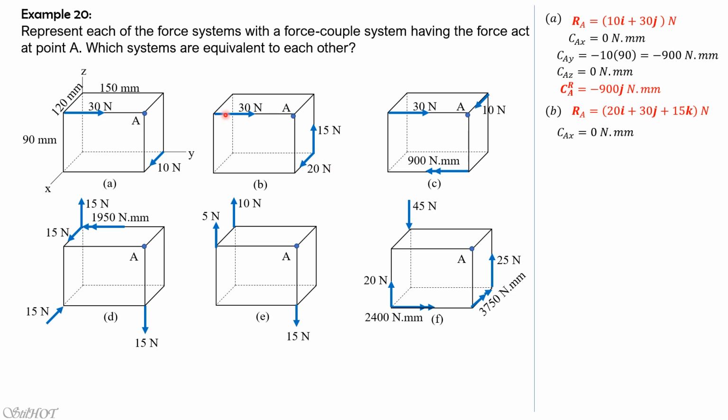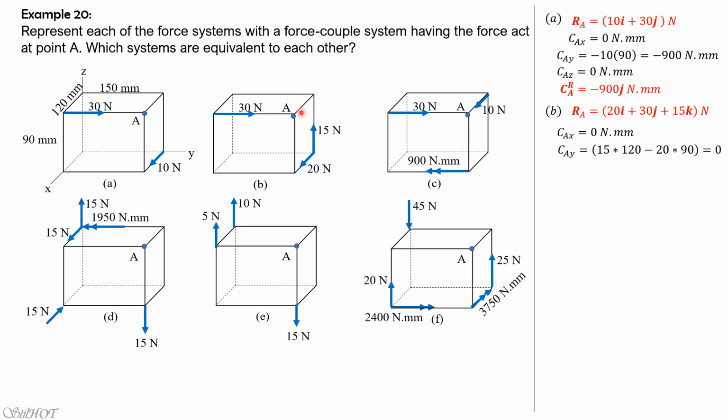Then CAY. This is AY, so 30 is parallel, 0. Then applying the right thumb rule, 15 is positive, so 15 times 120, then minus 20 times 90. So CAY is 15 times 120 minus 20 times 90, and that is also 0.